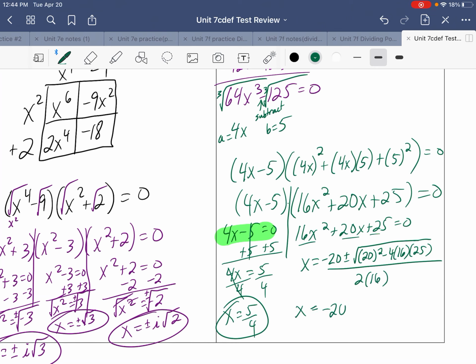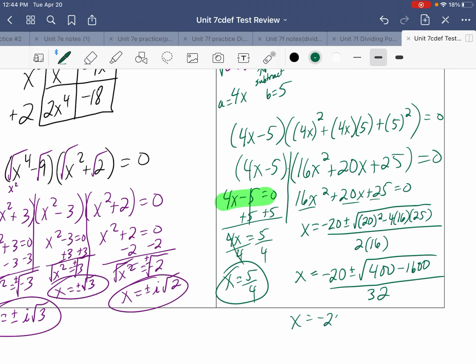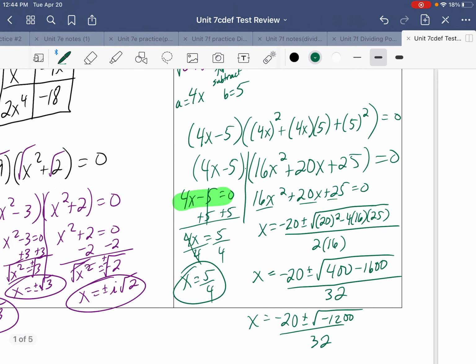First step, 20 squared is 400. 4 times 25 is 100, times 16 is 1600, so 400 minus 1600 is negative 1200. And 2 times 16 is 32. Negative 20 plus or minus the square root of negative 1200 over 32.